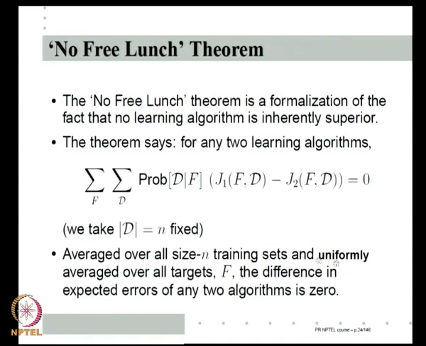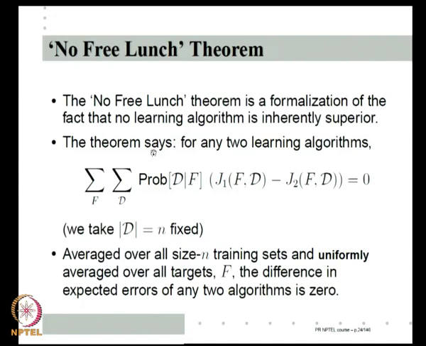This uniformly is very important because there is no weight for different f's; all f's have the same weight. Averaged over all size-n training sets and uniformly averaged over all targets, the difference in the expected error of any two algorithms is 0, no matter what the two algorithms are. If I average the expected error over all possible target functions uniformly, then the difference in expected error is 0.